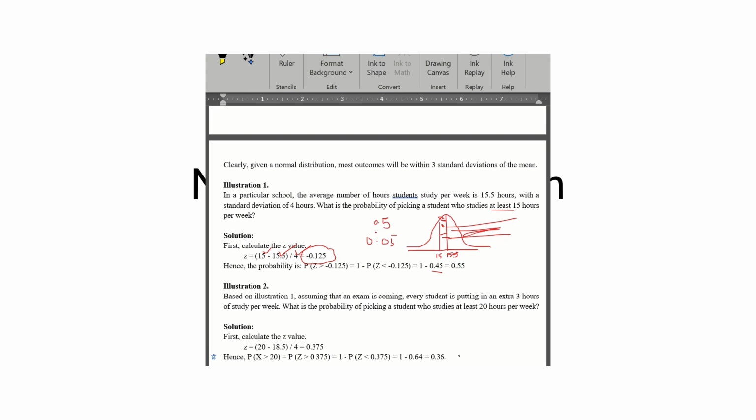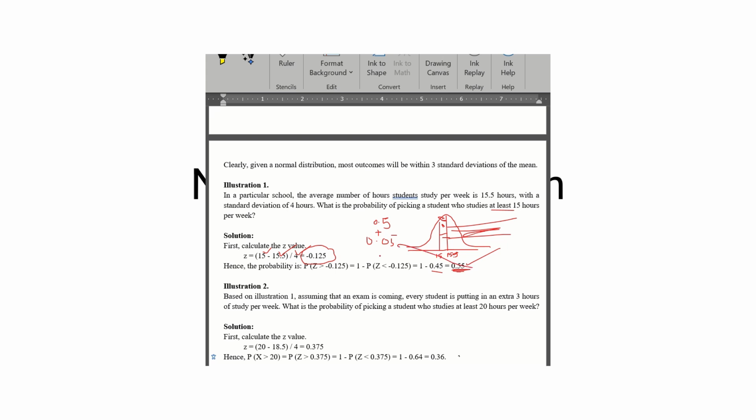So if you add this 0.5 plus the 0.05, it will give you 0.55, which is your answer here.